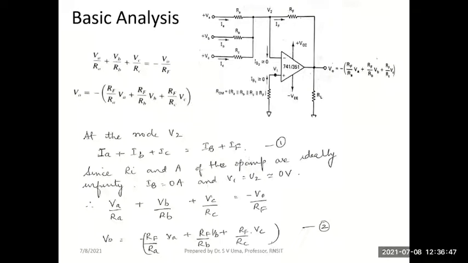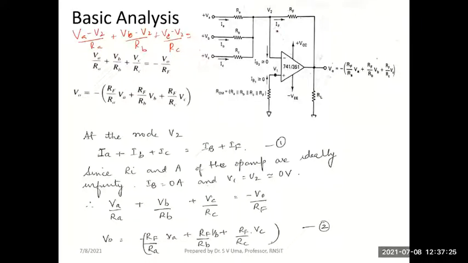Okay, sorry. As I was telling you, all you need to do is just substitute and simplify. So if I put V2 as 0, remember, VA minus V2 by RA plus VB minus V2 by RB plus VC minus V2 by RC will be equal to, on the right hand side I have IF, and what would be the current IF?